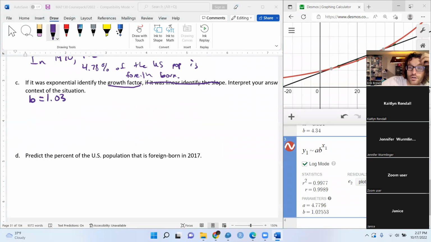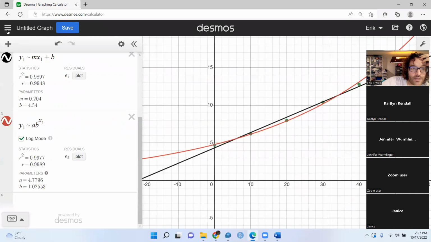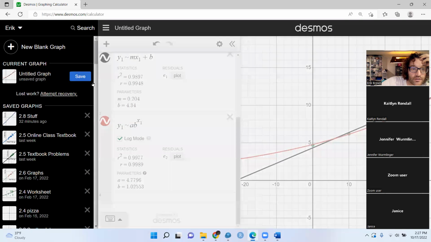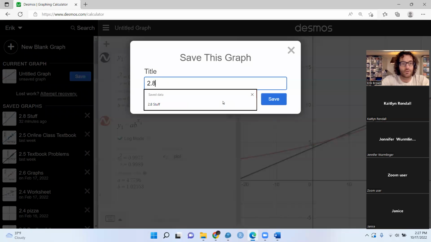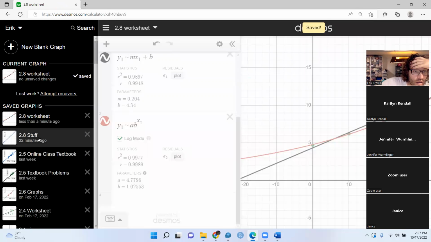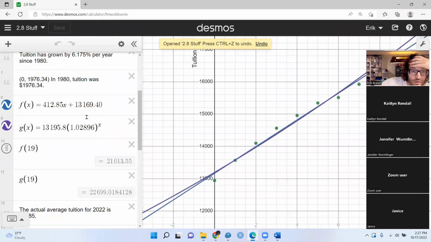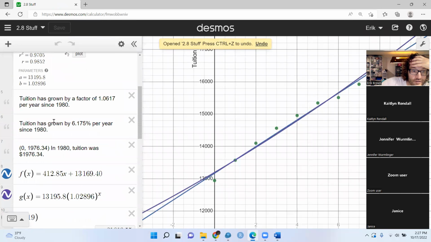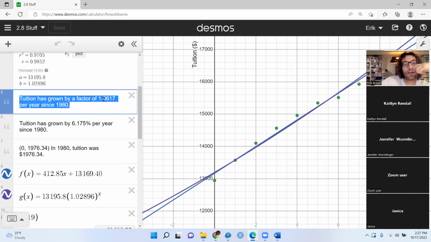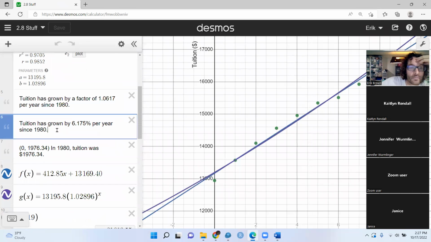So what you're going to do is the exact same thing we did here. Whatever it is, you're either going to say it's grown by a factor of whatever the factor was, or you're going to say whatever it is we're talking about has grown by this percentage per year since our beginning time.